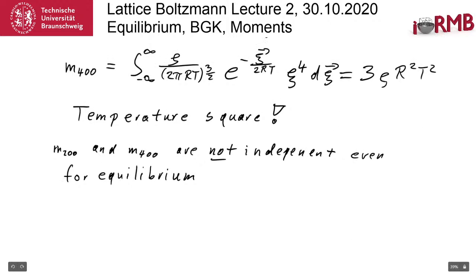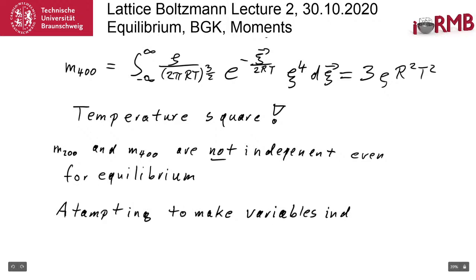And the attempt that is usually made to get them independent, attempting to make variables independent, is by orthogonality.